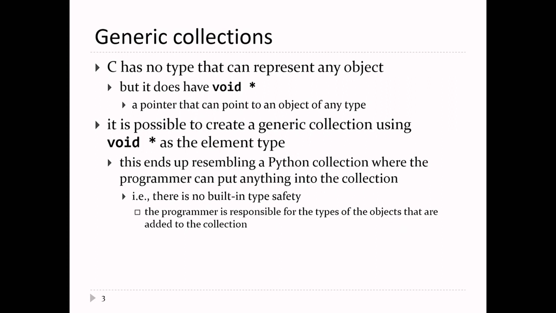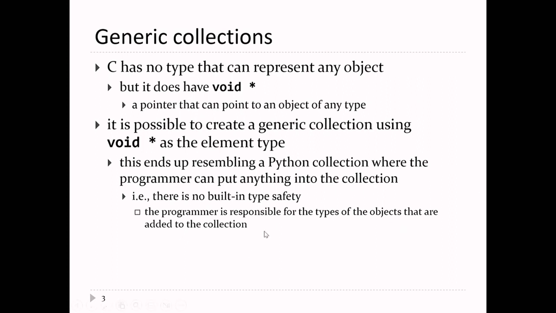And so what we can do is make a list or a stack where the elements are void pointers, so they point at something. I have a pointer that can point at anything, and we're just going to point at the values that we want to store in the stack or list.